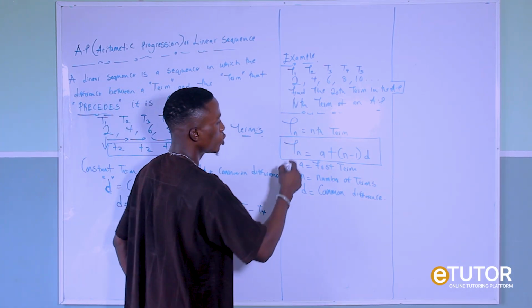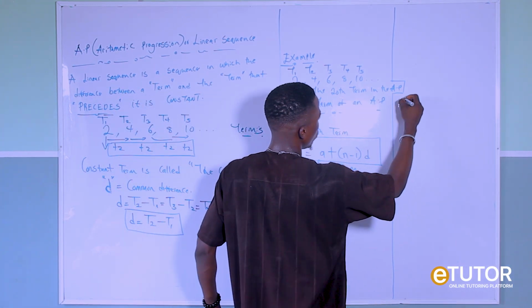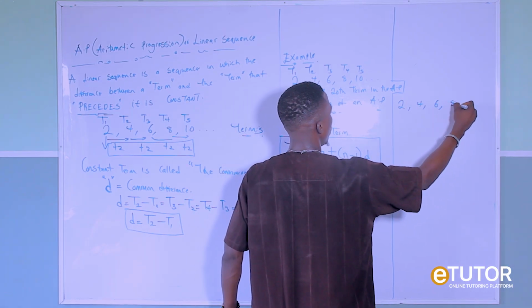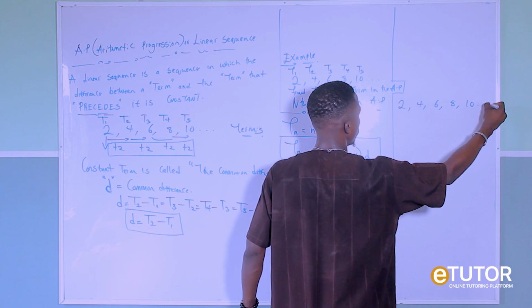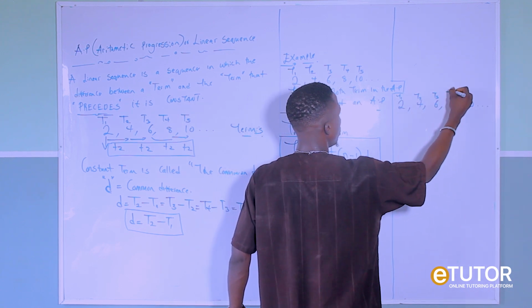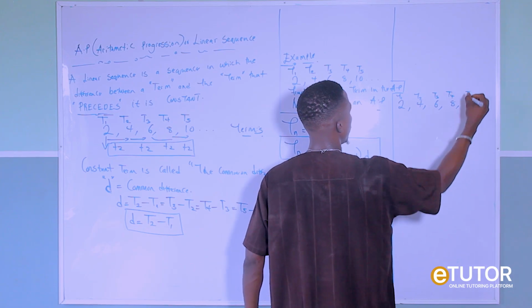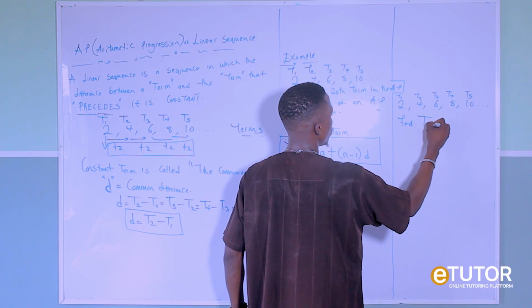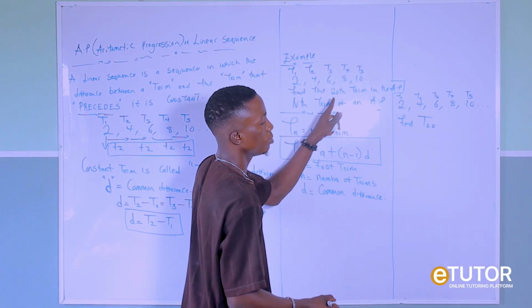So now, let us write the sequence out: 2, 4, 6, 8, 10, and so on. This is my T1, T2, T3, T4, and T5. I said find T20, which is the 20th term.